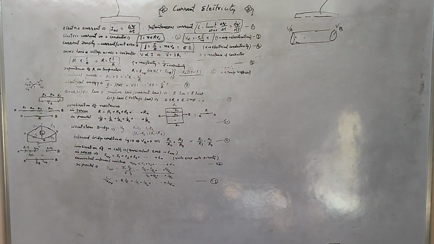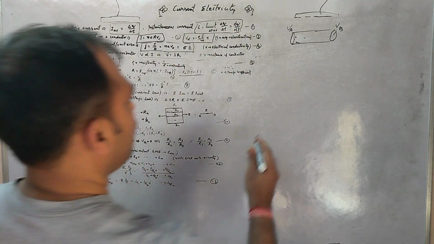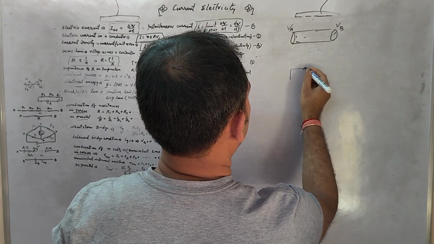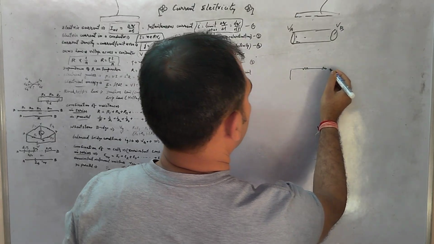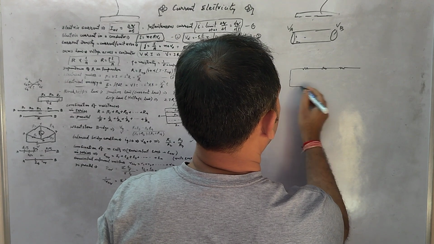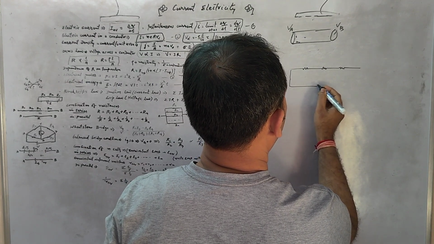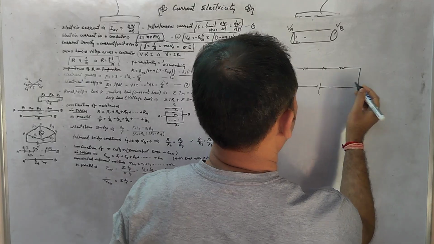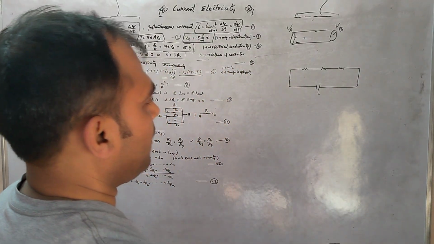Now comes the loop law or voltage law. So the net potential drop across any closed loop will be 0.